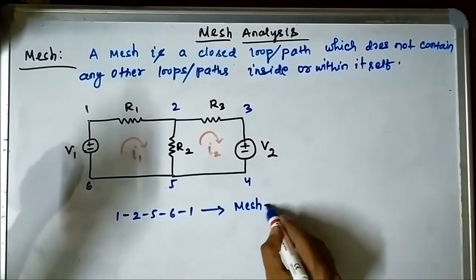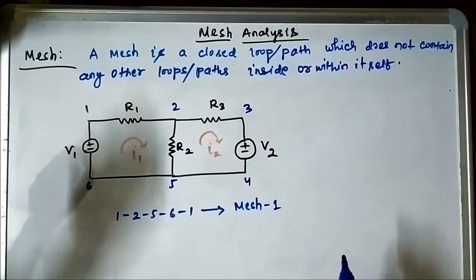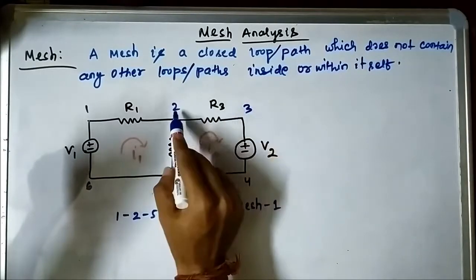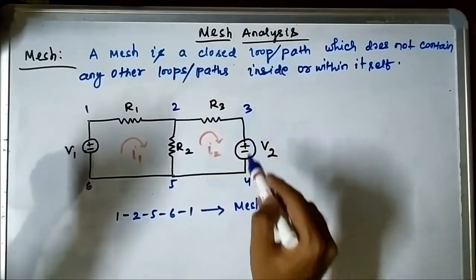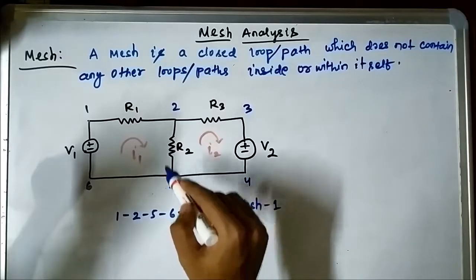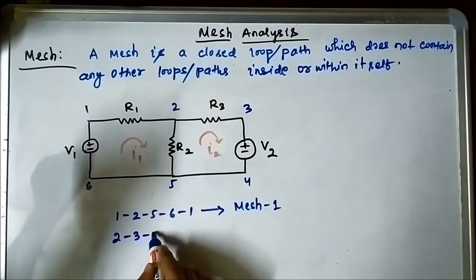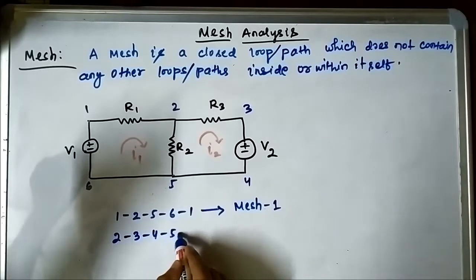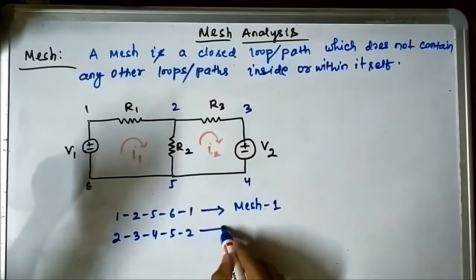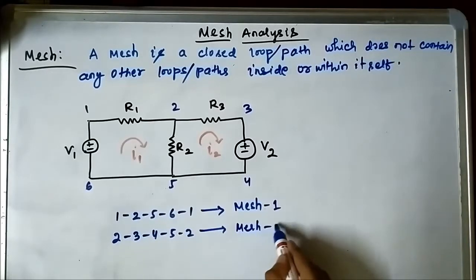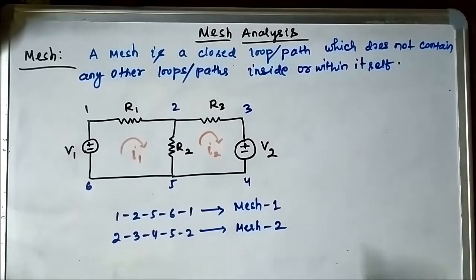Let us say it is mesh number 1. Again, if we move from points 2 to 3, 3 to 4, 4 to 5 and 5 to 2, then it is mesh number 2.